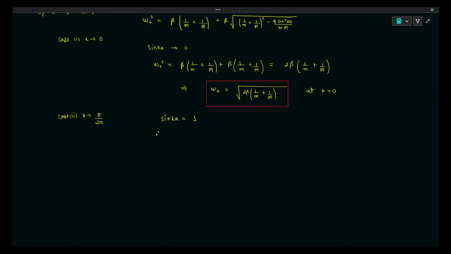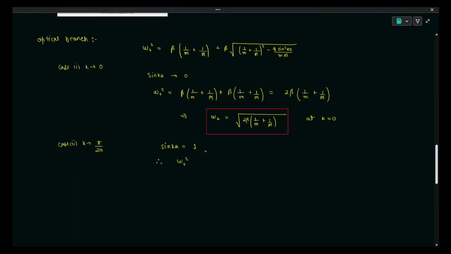Therefore omega plus square will become beta times (1 divided by small m plus 1 divided by capital M), plus beta times the square root of ((1 divided by small m plus 1 divided by capital M) whole square minus 4 divided by small m and capital M).